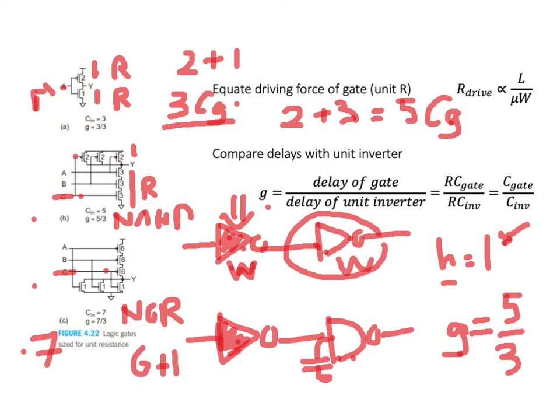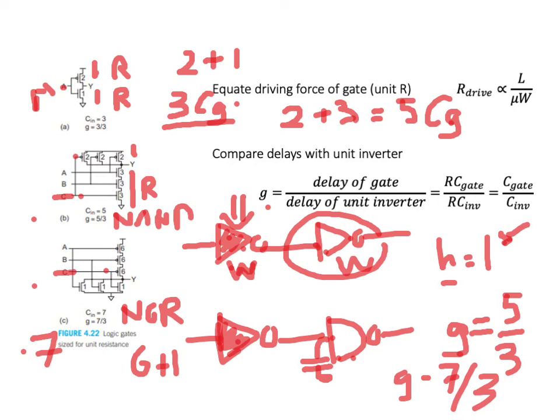And when you're comparing the NOR gate, the logical effort is 7/3, which means the NOR gate has 7 units of input gate capacitance being driven versus 3 units of gate capacitance of the NOT gate.